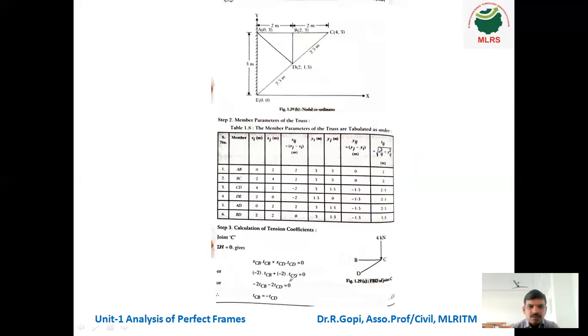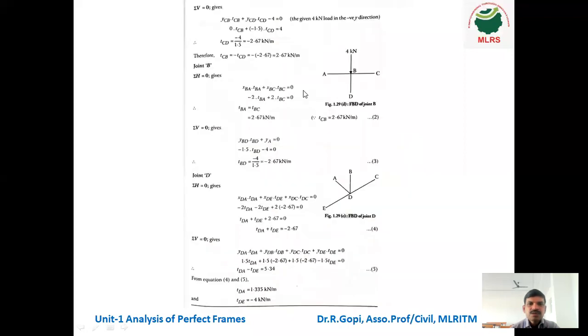Now simplify this equation. Minus 2 TCB and minus 2 TCD. From this we get TCB is equal to minus TCD. Keep as it is. Next, summation of V is equal to 0.